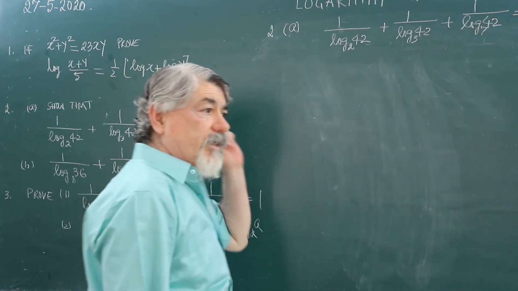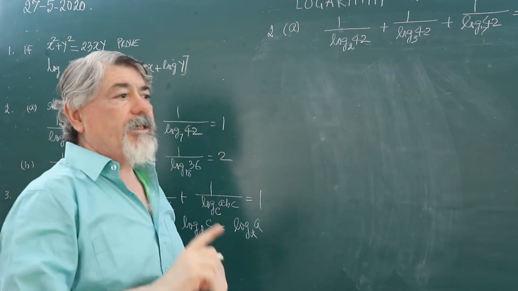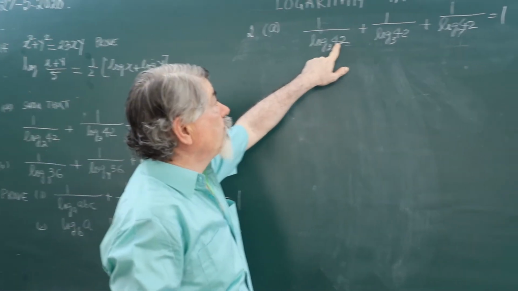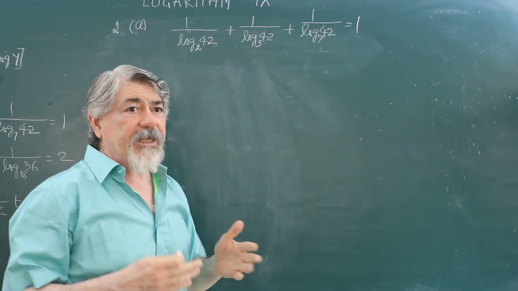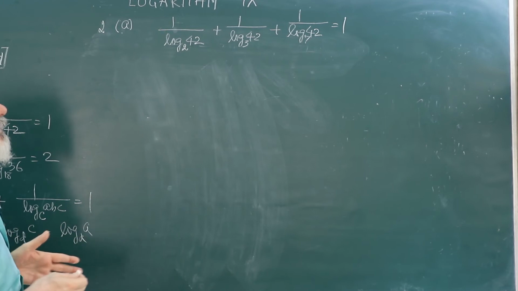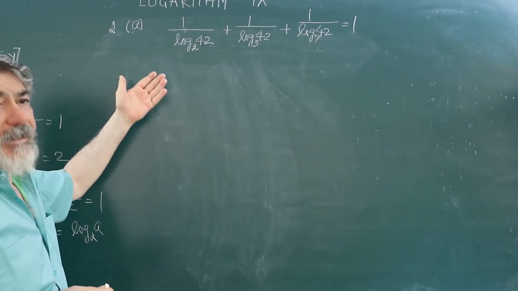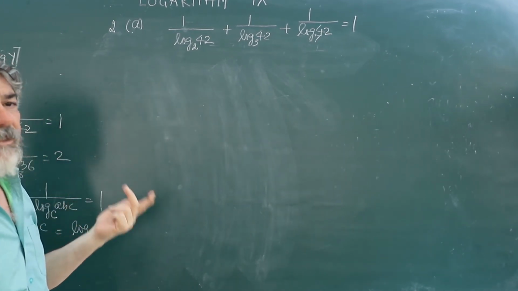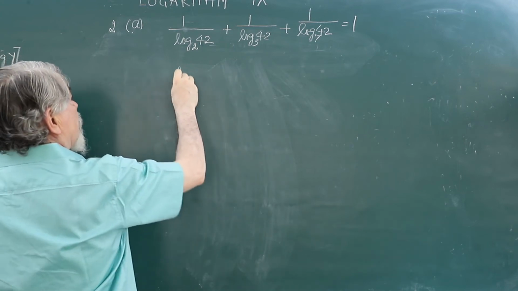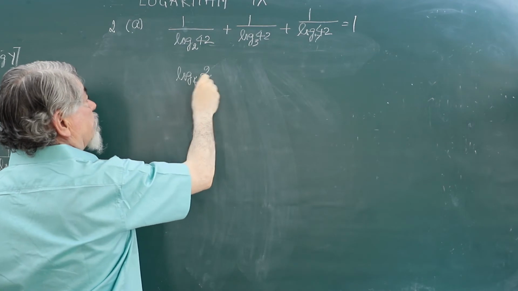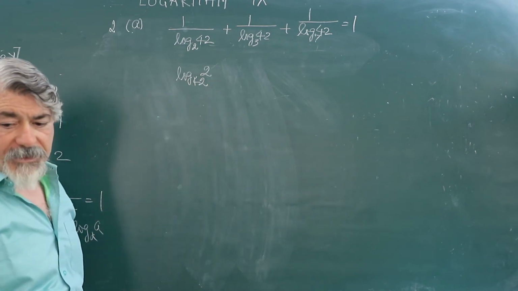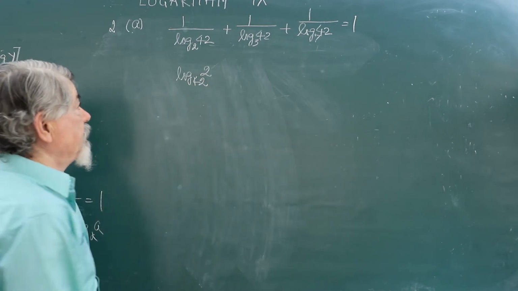What I am going to do is that I am going to change their bases, interchange the bases. I want to make every base 42 because 42 is given here. So I can make every number's base to be 42 by just taking them up. If they are in the denominator, take them to numerator. It will become log 2 to the base 42. The bases will interchange.